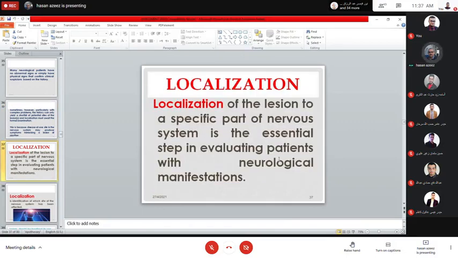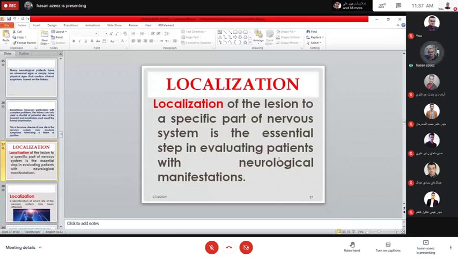Localization. If you ask me for a synonymous word for neurology, it will be localization. What do we mean by localization? Localization of the lesion to a specific part of the nervous system is an essential step in evaluating a patient with a neurological manifestation. With taking history, we search for localization. Sometimes we need examination for localization.